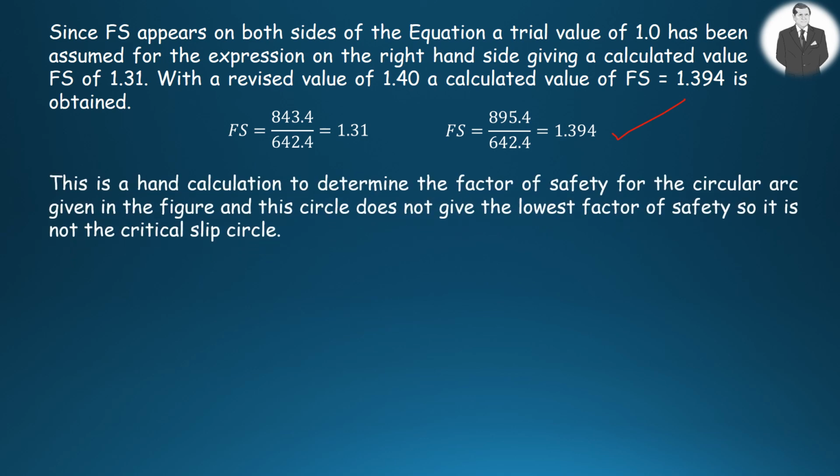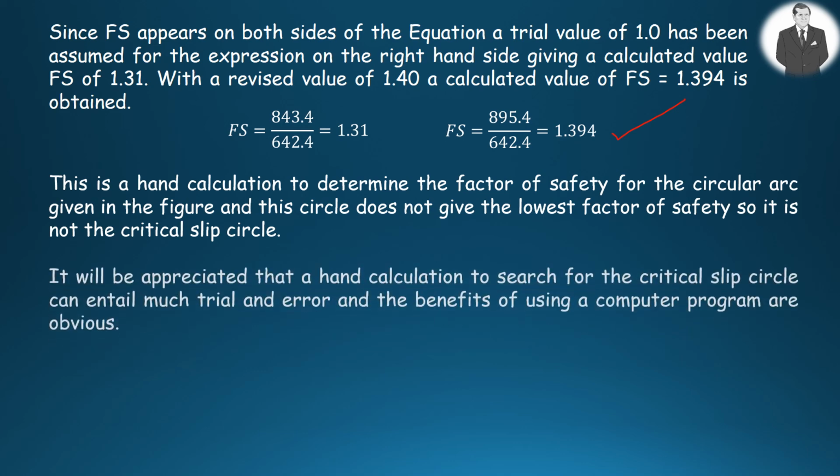This is a hand calculation to obtain the factor of safety for the circular arc given in the figure. And this circle does not give the lowest factor of safety. Therefore, it is not the critical slip circle.